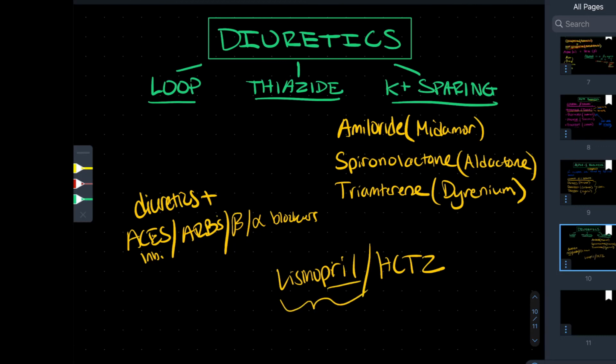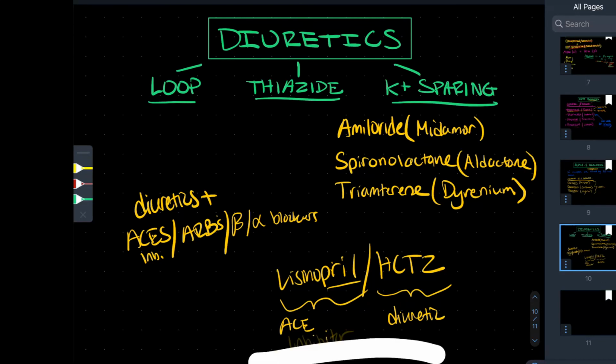Remember that because this ends in pril, it's an ACE inhibitor, and then this is a diuretic. So we attack hypertension and fluid from multiple angles. So you'll see a lot of these combo medications.